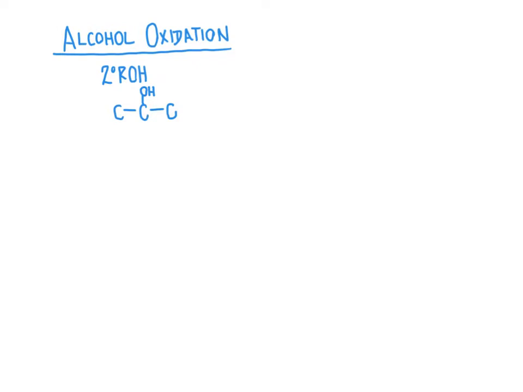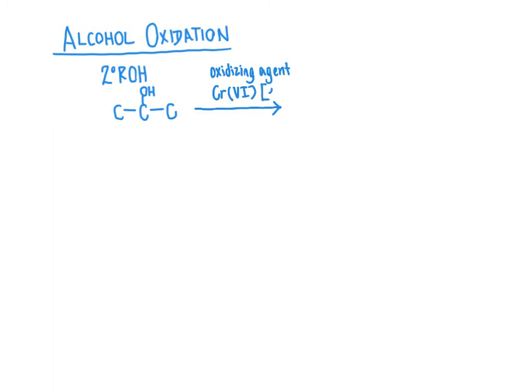In cases such as that, what is going to happen is if we treat that with an oxidizing agent, common oxidizing agents here will be chromium-6 reagents. I'm going to abbreviate that as CrVI, such as a common example of a chromium-6 reagent being chromic acid, which is H2CrO4.